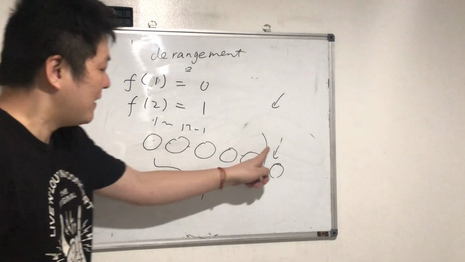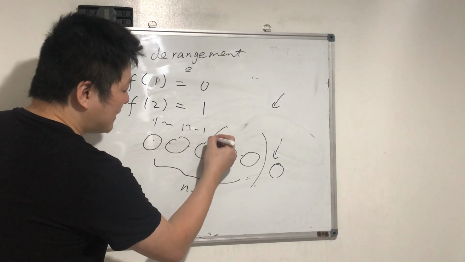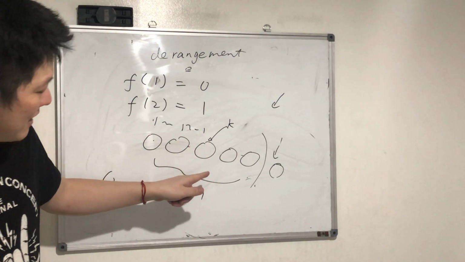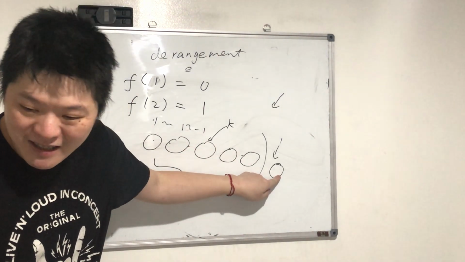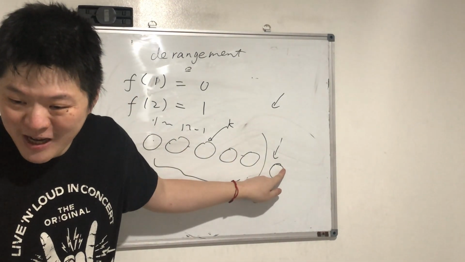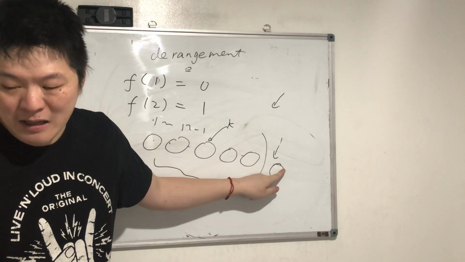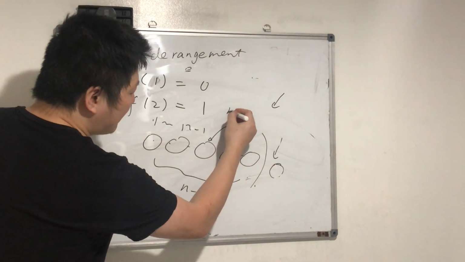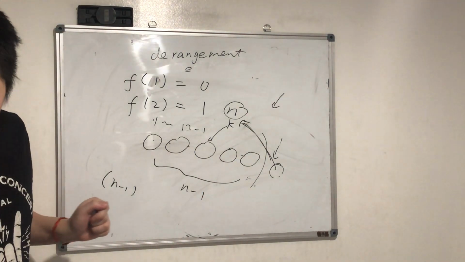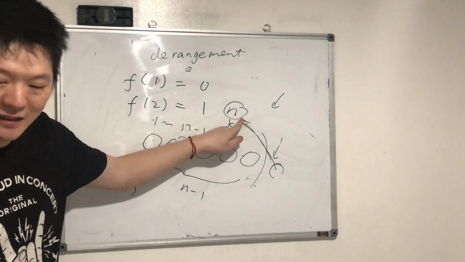I can only put it in n minus 1 positions. Good job. Now, if I put n in the position of some number k, any number k, then k can be swapped into the last position, because the last position belongs to n.